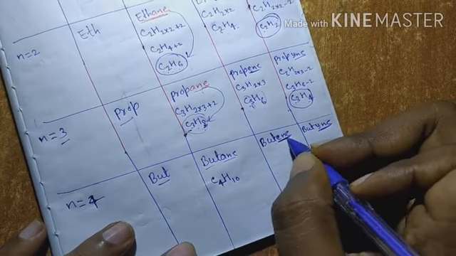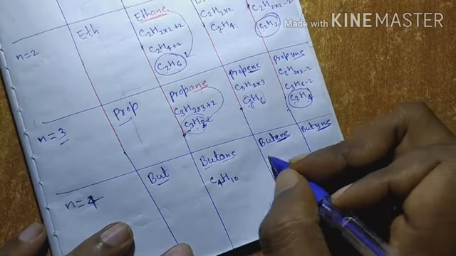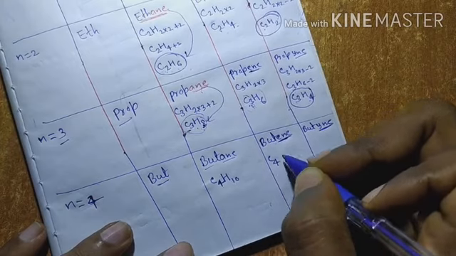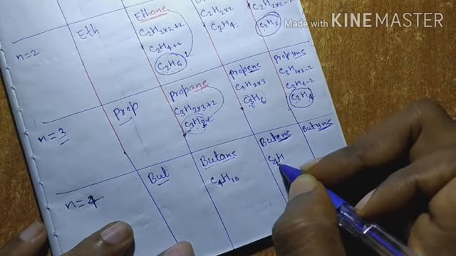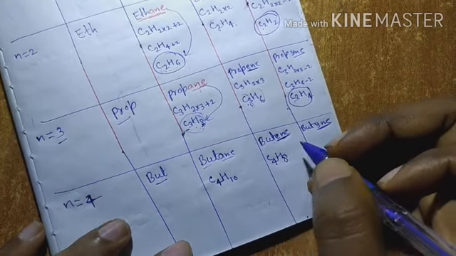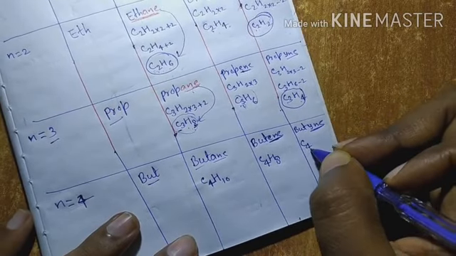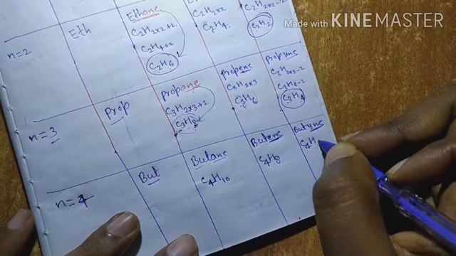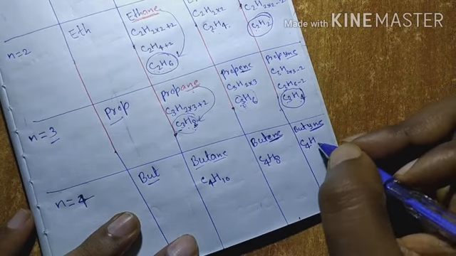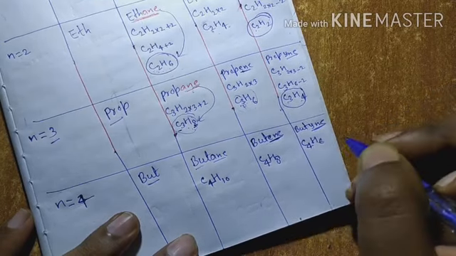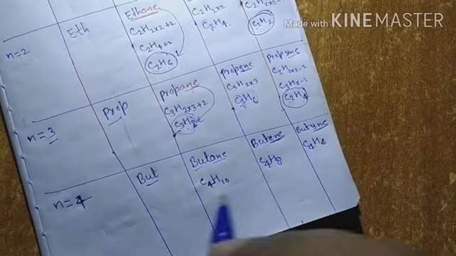Butene, ene, just double, we have C4, 4 times 2, C4H8. Butyne, so again C4, double H, 4 times 2 is 8 minus 2 is 6, here will be 6, right?